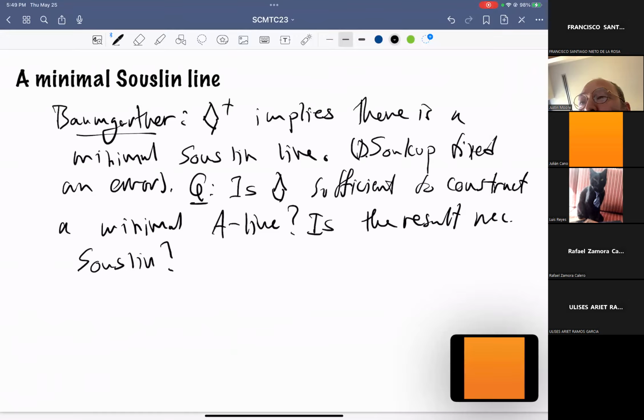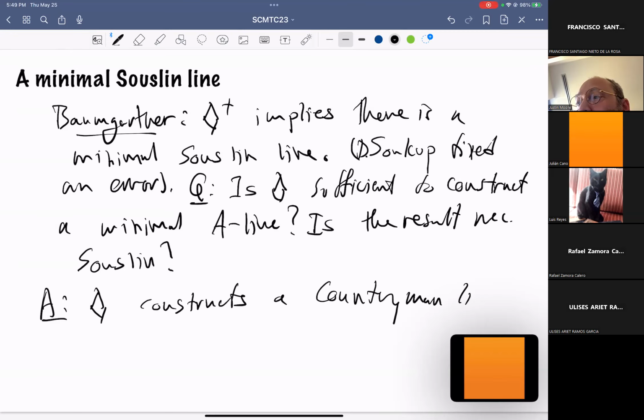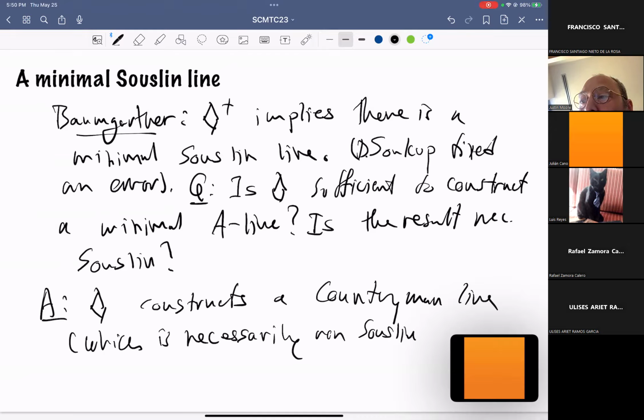So we actually answer both of these questions: diamond constructs a Countryman line, which is necessarily non-Suslin, which is minimal. So yes, you can get away with just diamond in the construction, and no, the result does not need to be Suslin.